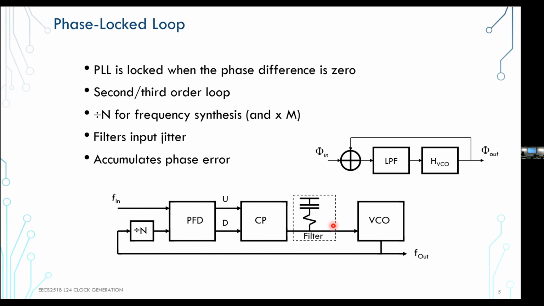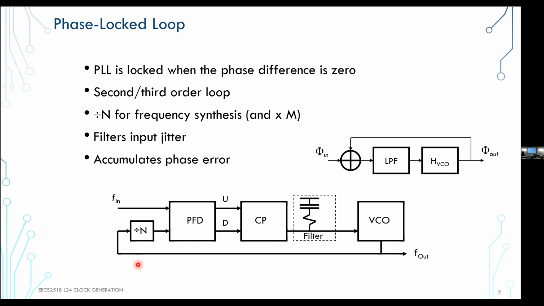And then the charge pump and the filter work jointly as a loop filter that tries to filter that error information to steer the local oscillator into a proper phase and frequency position. And that local oscillator is the voltage controlled oscillator.